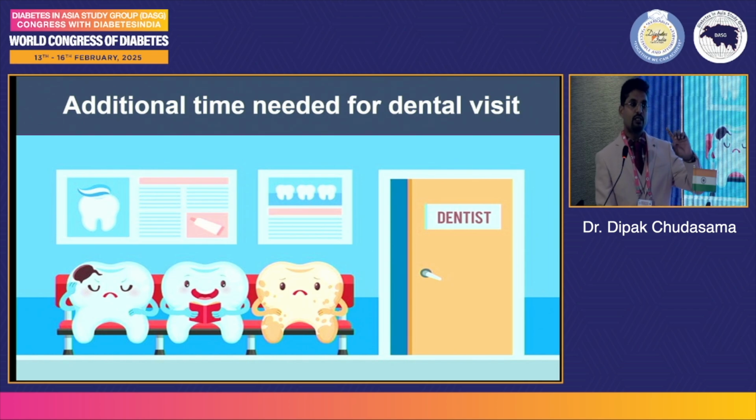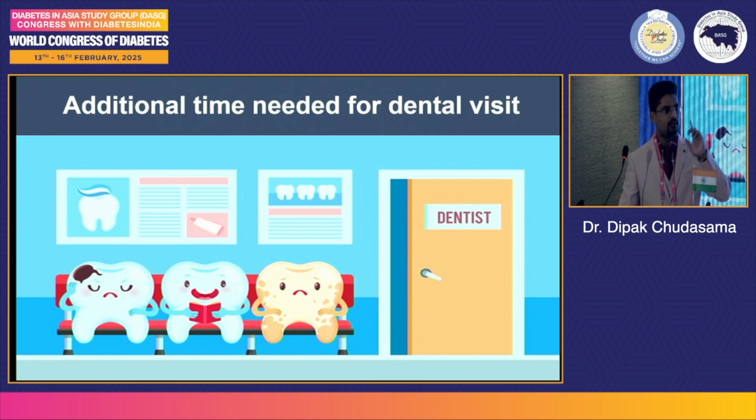Another aspect, from the dentist's point of view: if I see 100 patients per week and I refer all 100 patients to a dentist, then the number of patients in the dental department will be higher, and there will be a burden for the dentist. Few patients require dental treatment, like those with severe or moderate periodontitis.